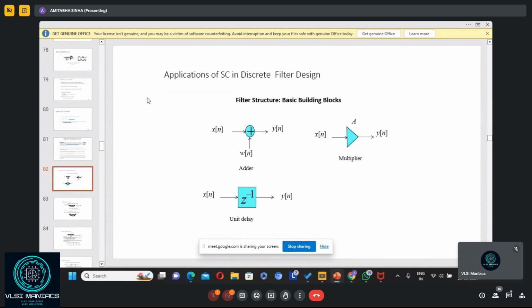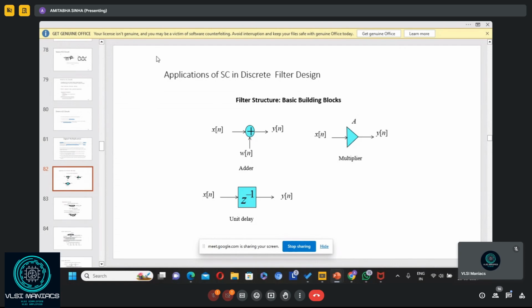Now, what are the devices? If you see the entire differential equation world, if you have a differentiator or integrator, adder, subtractor, you can make any equation.